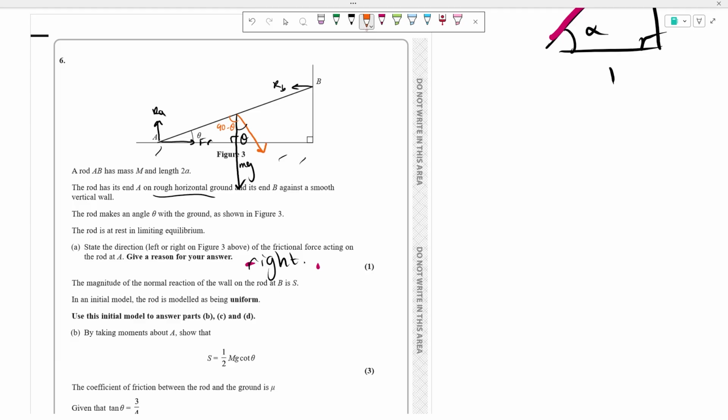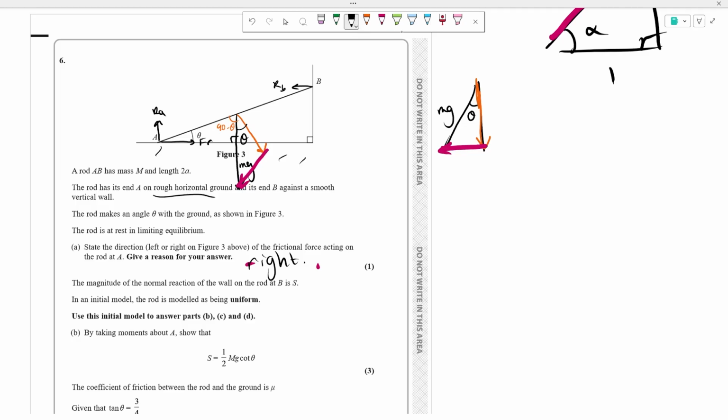If I just connect these two together, let's say this is a right angle triangle. Now I have a right angle triangle with mg as my hypotenuse. I have an angle theta here, and I want to work out this orange force, and we can work out this purple force here as well, which is essentially this one down here.